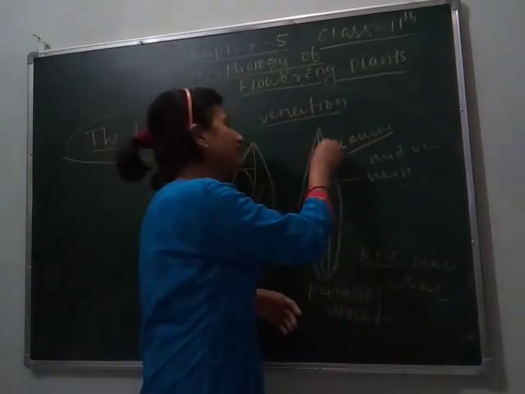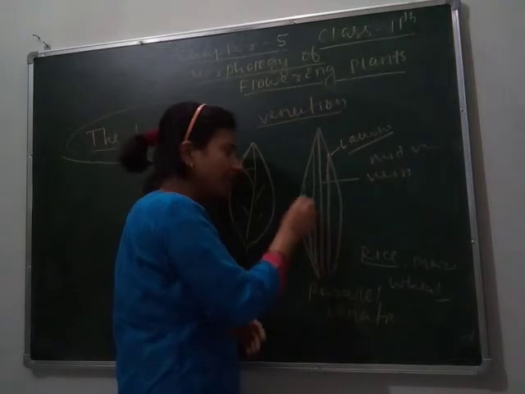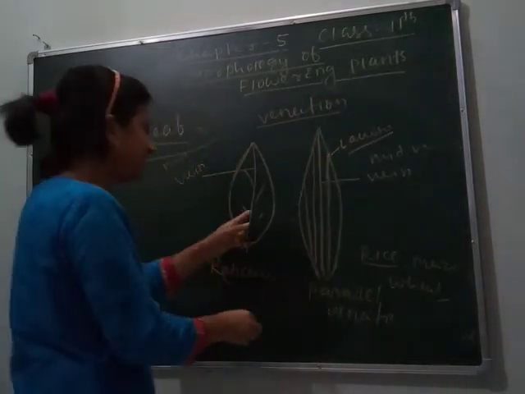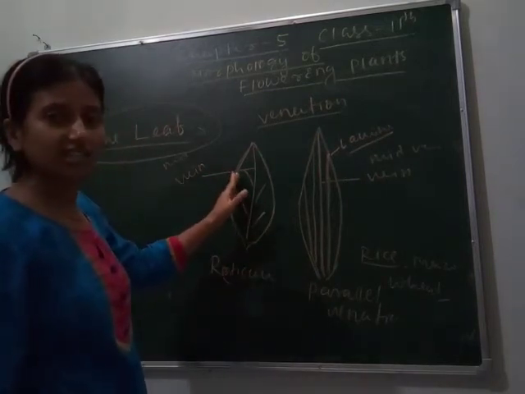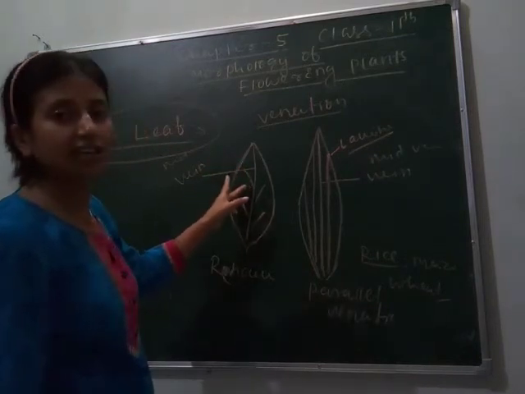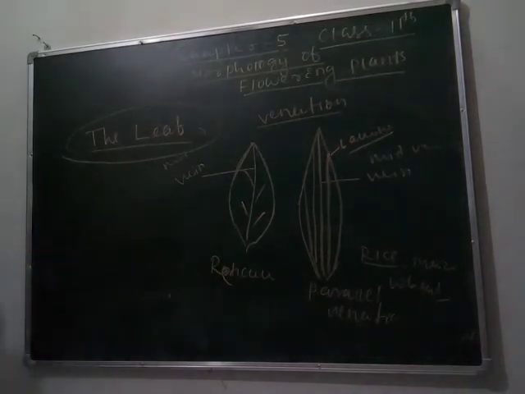If we tear the lamina from here, it will not touch the midrib and will come parallel with the midrib. But in reticulate venation, the veins are arranged in such a way that if we tear the lamina, it touches the midrib. This is the difference between parallel and reticulate venation.